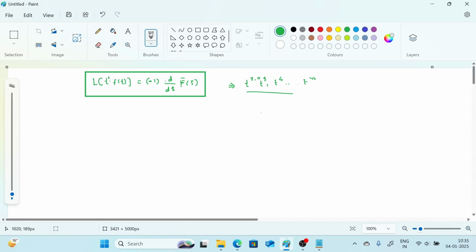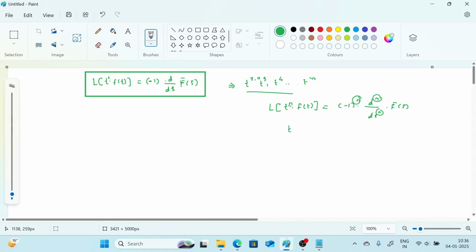You have to use this formula: Laplace of t raised to n f of t is equal to minus 1 raised to n, d raised to n by ds raised to n, of f bar of s. You only have to take the power n here and the derivative with respect to that power.